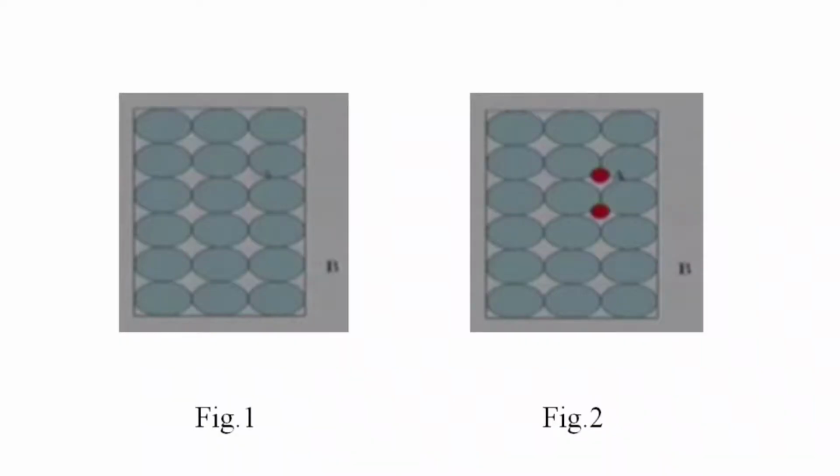Now, let us see another example. In figure 1, we have a coarse aggregate packing system, that is, the coarse aggregate is filled in a standard manner, and in figure 2, we are now introducing fine aggregates, that is the particle A, into the coarse aggregate system. Here the total volume remains the same in both cases, that is, the volume is not altered due to the introduction of fine aggregate into the coarse aggregate system.